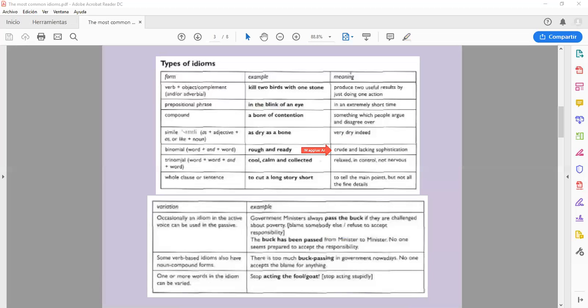The way that my high school students speak is rough and ready, okay? Because they say many bad words.